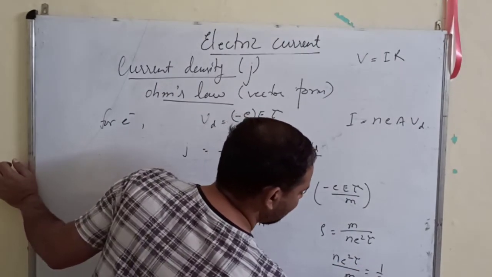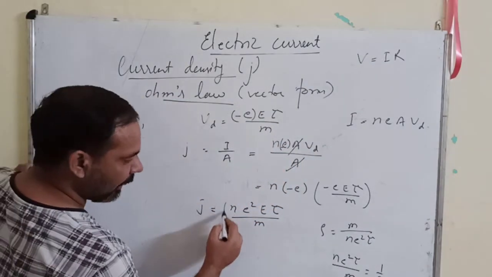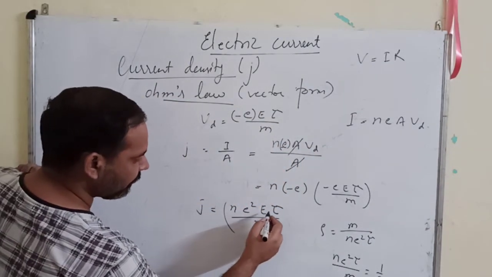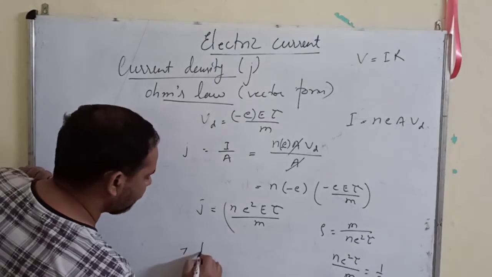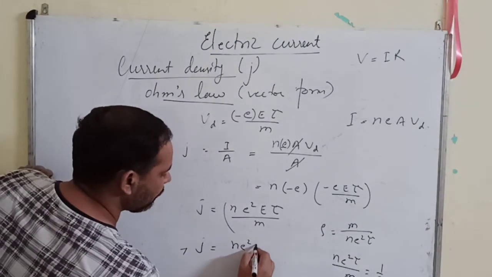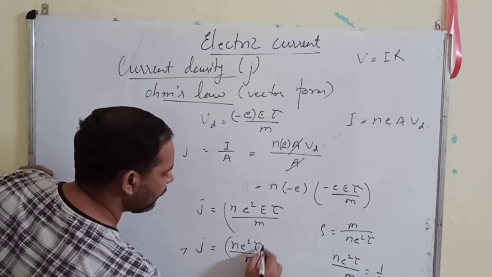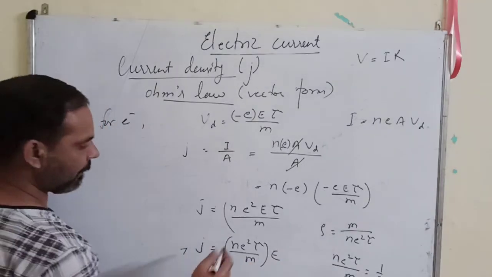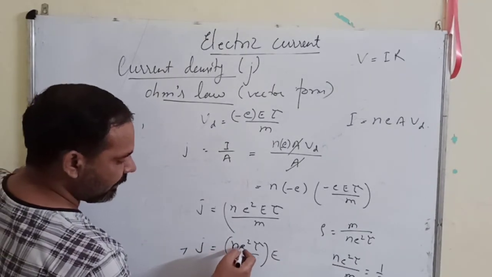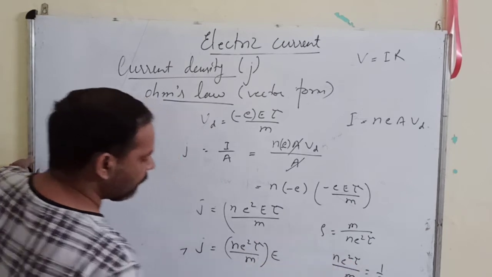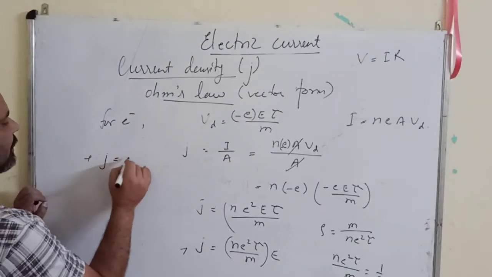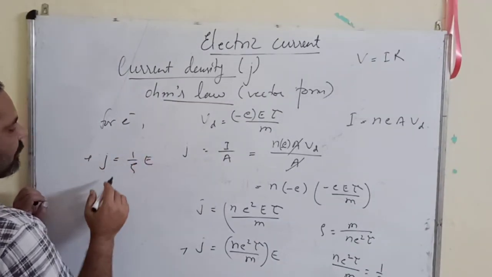This will be 1 upon rho. So n e square tau upon m times E, that is, n e square tau upon m is 1 upon rho. So J is equal to 1 upon rho times E.